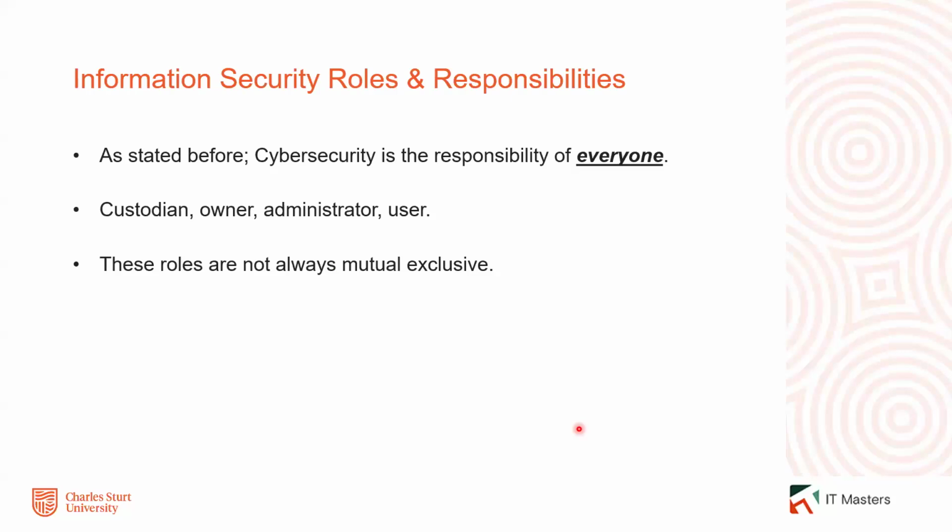So it's everyone's responsibility, whether they are users, people walking by, metaphorically speaking, or actual custodians. And we have four main roles, which are custodian, owner, administrator, and user. These roles are not always mutually exclusive. So you as an individual, or a device as an entity, can share multiple roles. You can be the custodian, the owner, and the administrator all at the same time, and indeed be a user as well.